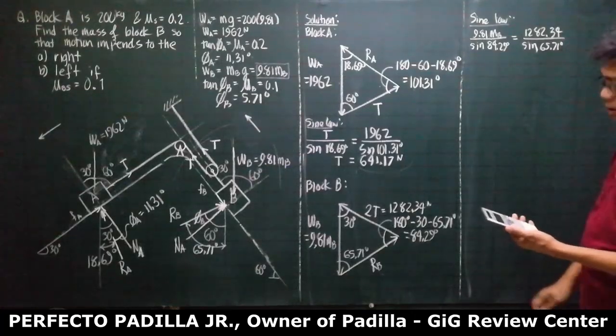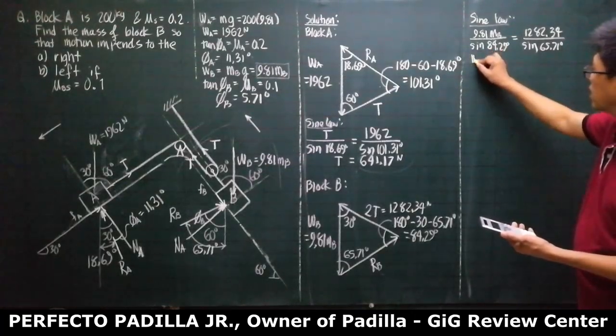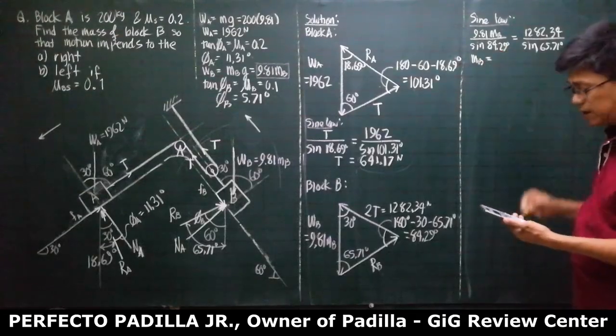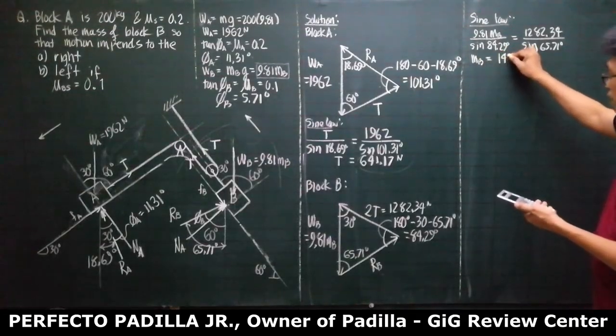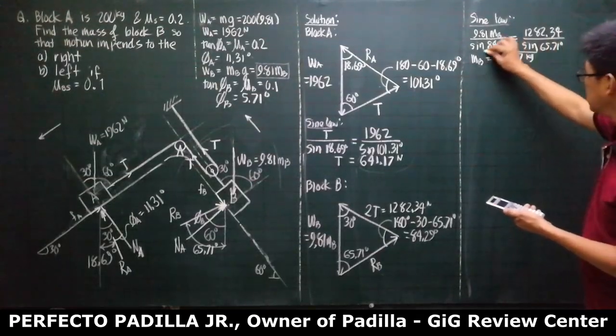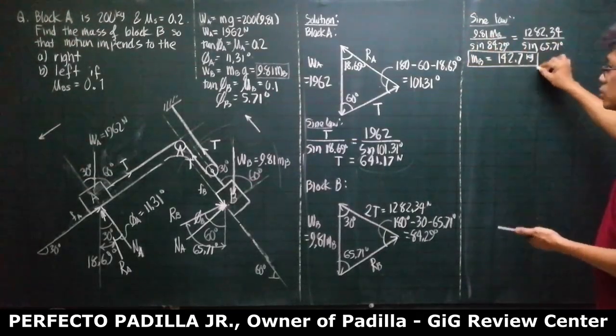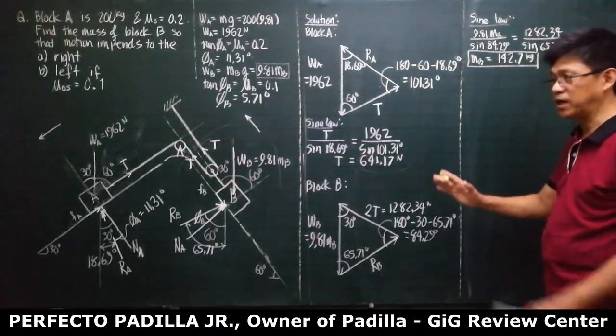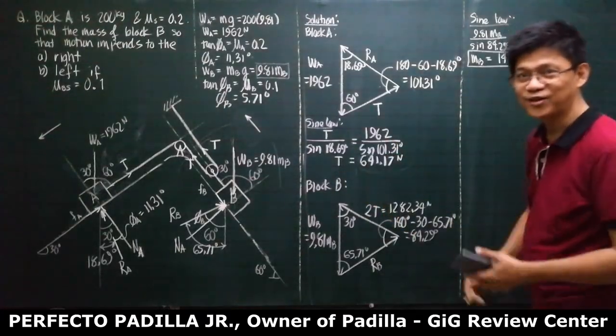Okay? So, therefore, solving our MB, this is 142.7 kilograms. This is the mass of B, so that our motion impends to the left. You get it? Okay.